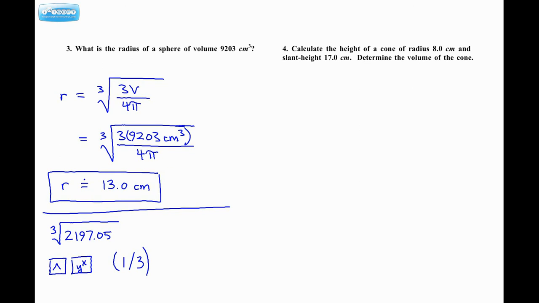Number 4, calculate the height of a cone of radius 8 centimeters and slant height 17 centimeters. And then we're going to determine its volume. Well, this is a question where it's probably a good idea to draw a picture. So here's my cone. Something like that. And I'll label it with what I can.